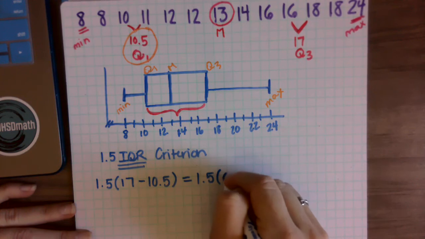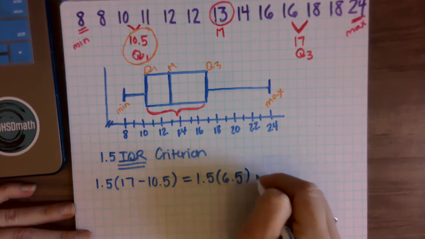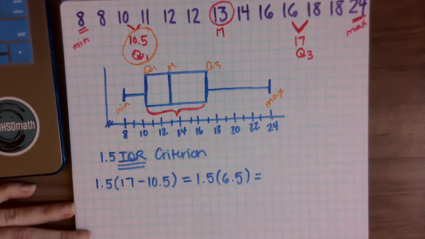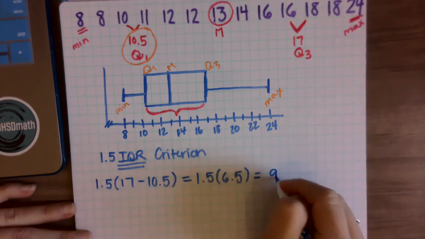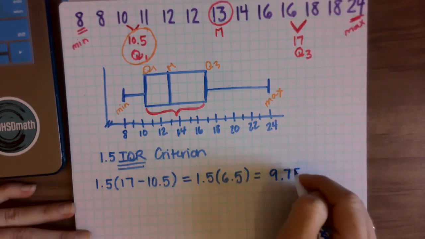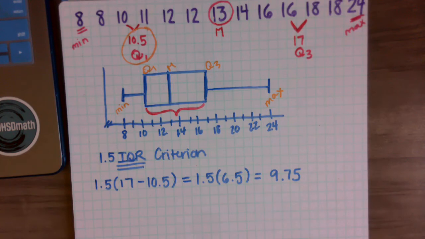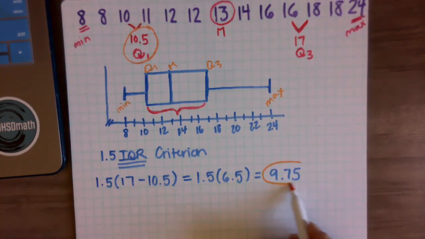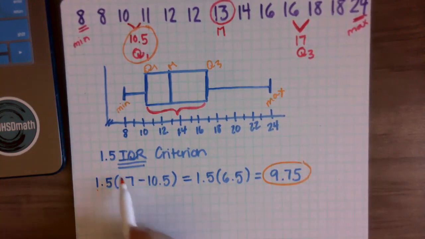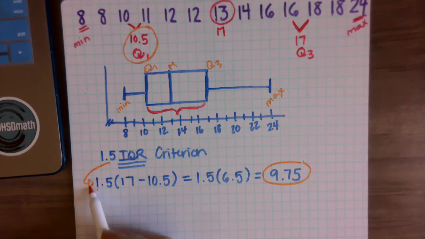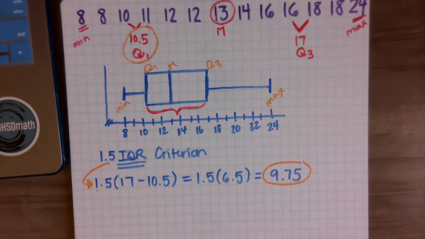But I have to multiply that by 1.5 to get 9.75. That is my 1.5 IQR.